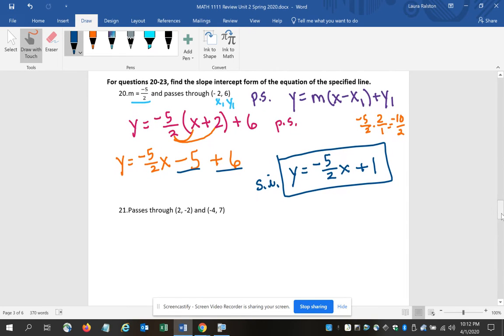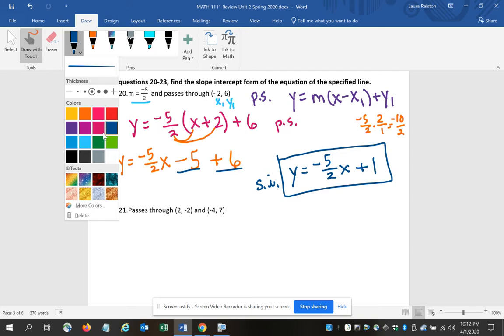Question 21, you really have the same instructions. Find the slope-intercept form of the equation of the line that passes through 2, -2, and -4, 7.